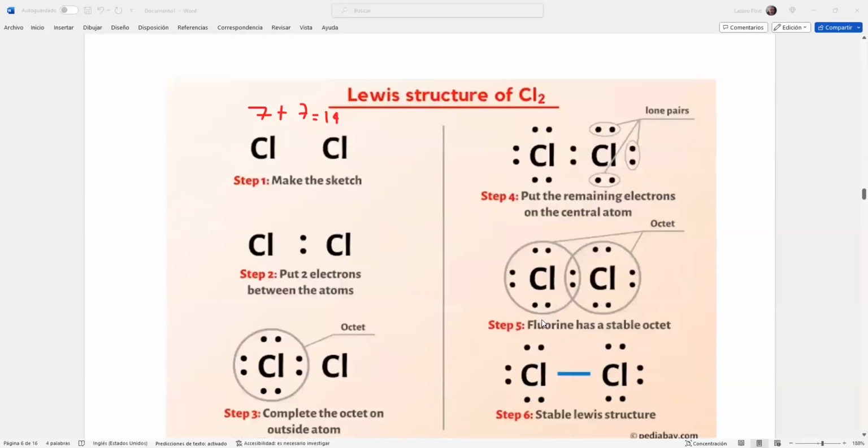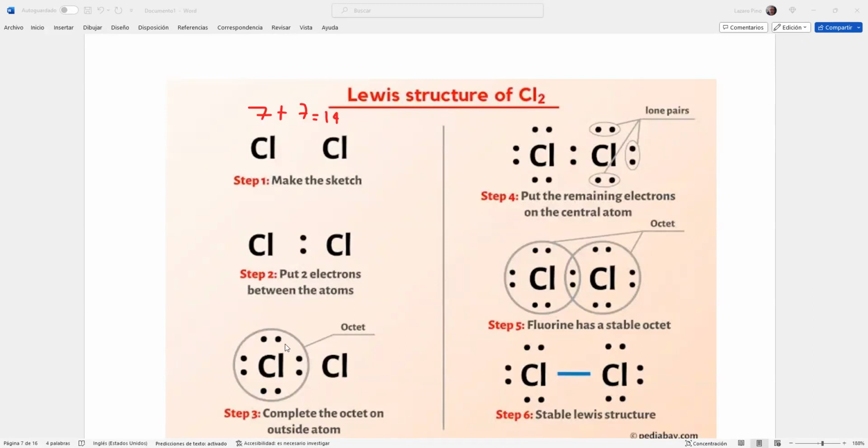In the case of chlorine, bromine, iodine, fluorine, all the elements in group 7, you have 7 valence electrons for every atom. You have a total of 14 valence electrons. You join the 2 atoms by two electrons. You complete the octet for one of them.